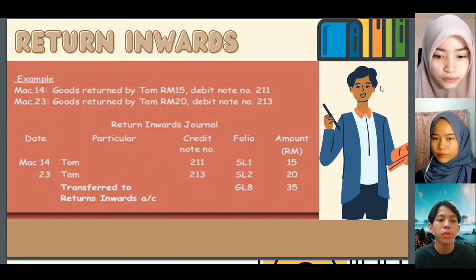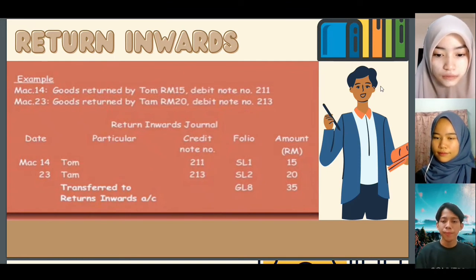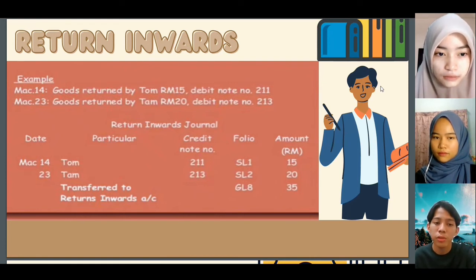It is the same also with March 23. Goods returned by Tom, 20 ringgit, debit note 213. At the end of the month, all the amounts are combined to transfer to the return inward account.